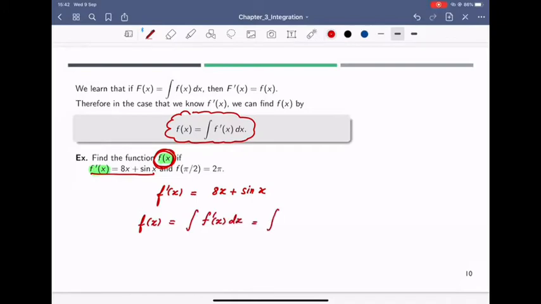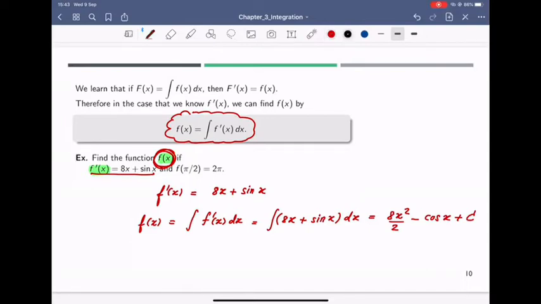If I integrate 8x plus sine x dx, I'm gonna get 8x squared over 2, integrate sine, you get negative cosine, and then do not forget to plus c.